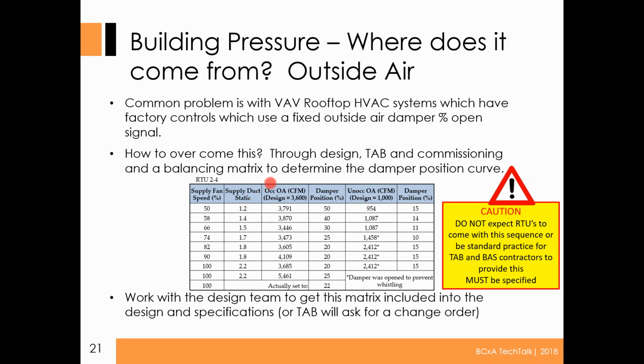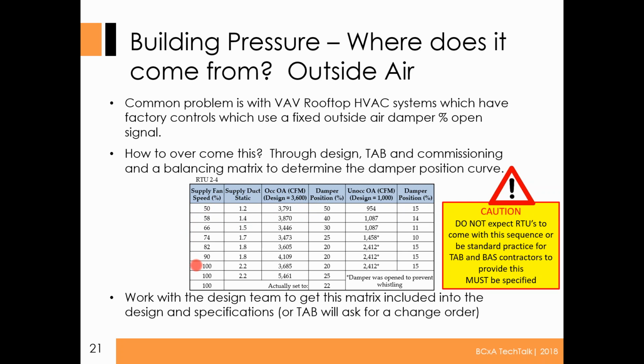So we had an outside air CFM during the occupied mode of 3,600 CFM. That's the amount that was specified. Well, at 50% supply fan speed, we need the OA damper to be 50% open to be basically close to that 3,600. And what we did is we plotted this chart.